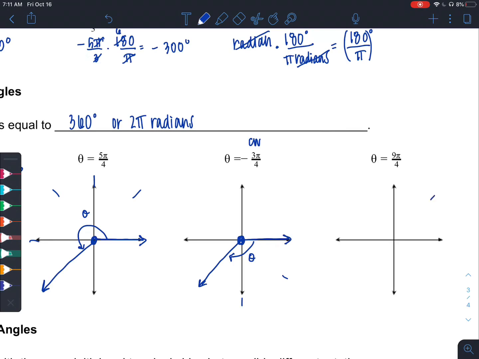So I start at our initial side, point at the origin. So that's 1, 2, 3, 4, 5, 6, 7, 8, 9. So we're back here. But the way we write this is it's going to wrap all the way around and then come back here. So it signifies that we've gone around more than once.